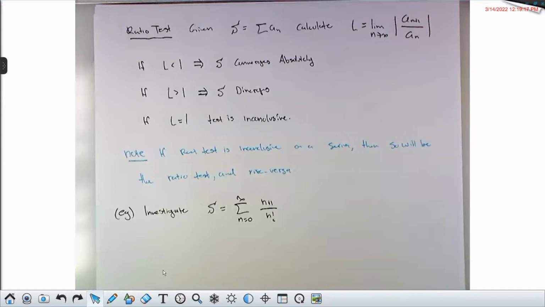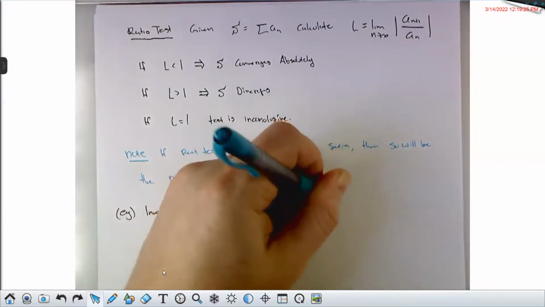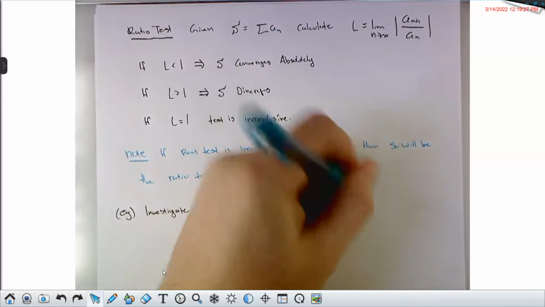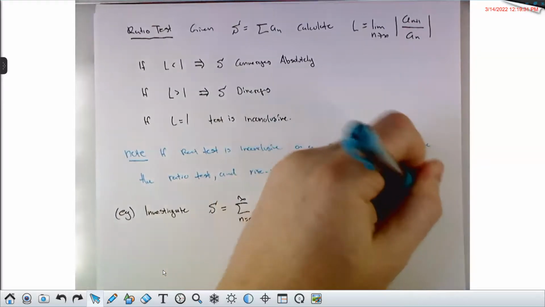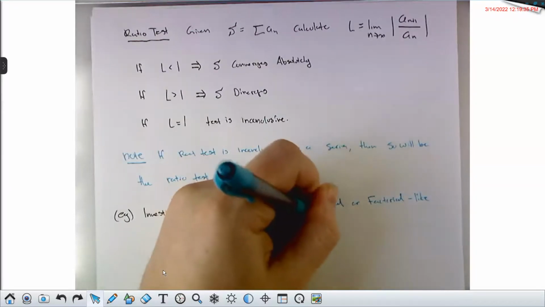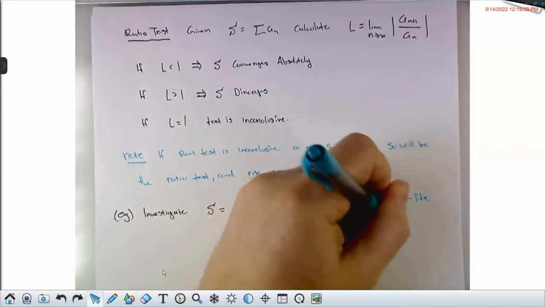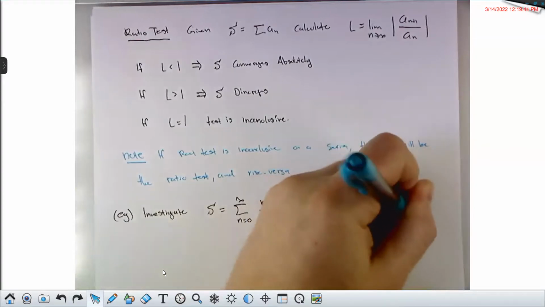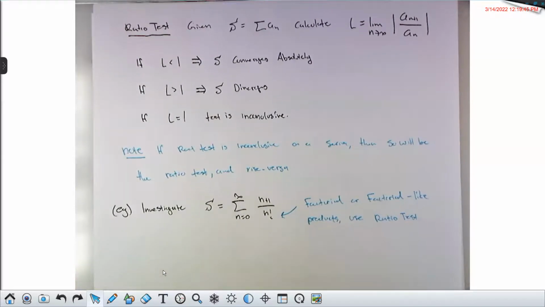I'm going to use the ratio test on this guy. And the hint: anytime you see factorials or factorial-like products, that's a strong hint to use the ratio test, because those things cancel very nicely.